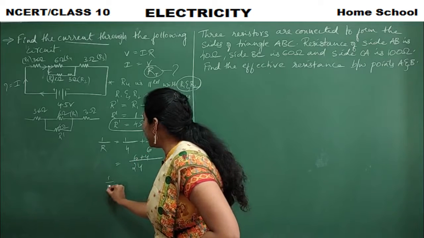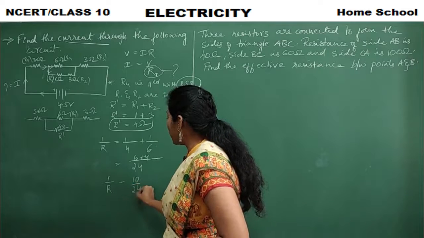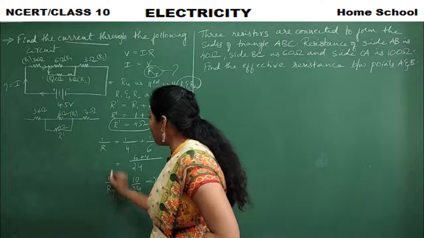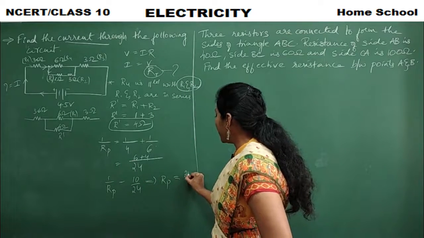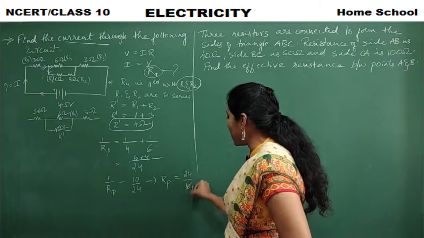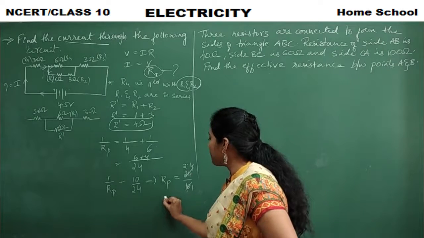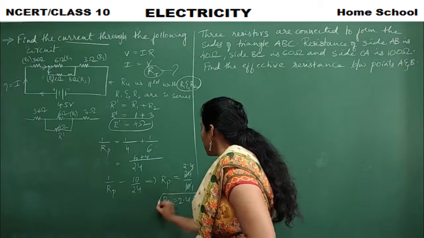So 1 by R is equal to 10 by 24. That implies RP, the parallel resistance I'm calculating, RP is equal to 24 by 10. That is 2.4. So RP is equal to 2.4 ohms.